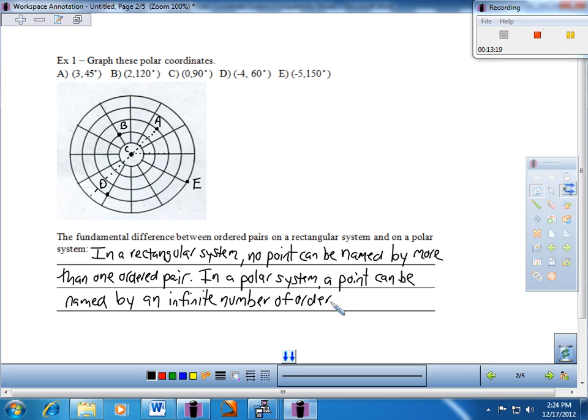Excellent. Because again, there are an infinite number of ways to rotate from an initial side to a terminal side. And now that I've opened up the doors with a negative radius, I could rotate to a different terminal side still, have a negative radius, and get to that point.